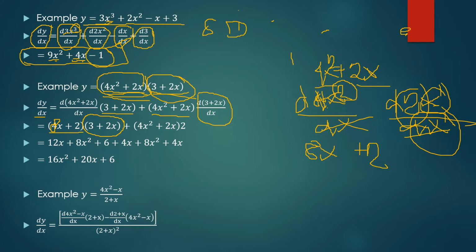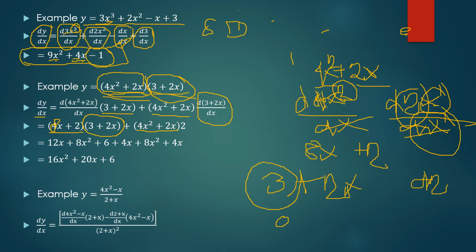Next is the second step, that is deriving the other function. So remaining this first function times, of course, the derivative of the second function. So we have the second function, which is 3 plus 2x. Now in here, if we are going to derive it, remember that the absolute value will never be derived, so it is equivalent to 0. Now d2x over dx will give you what? 2.